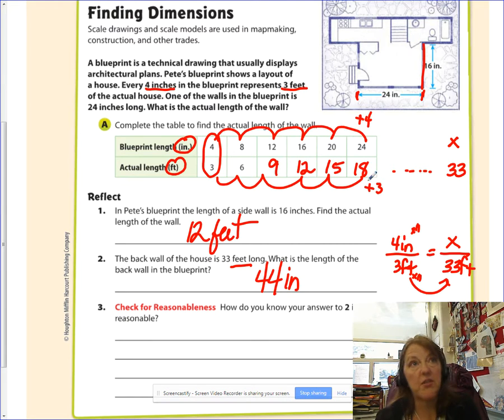You could also build out the table and keep going, 21, 24, 27, 30, and get to 33, which means then this would build this way, 28, going up by 4s, 32, 36, 40, bingo, 44. Okay? If we find a faster way that's more efficient than to keep building the table, this is kind of nice.